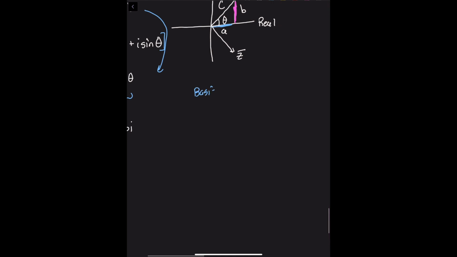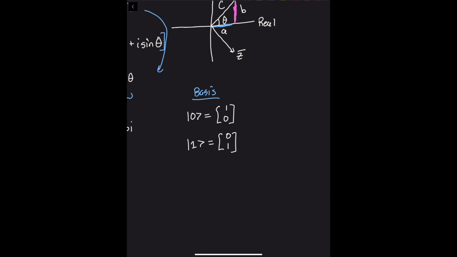The basis is called the Hilbert space. That's not really important though. It's two vectors. It's the 0 vector, which is just 1, 0, and the 1 vector, which is 0, 1.